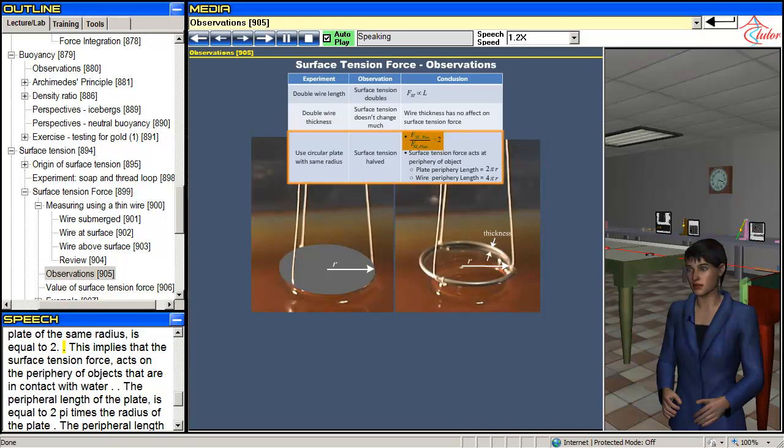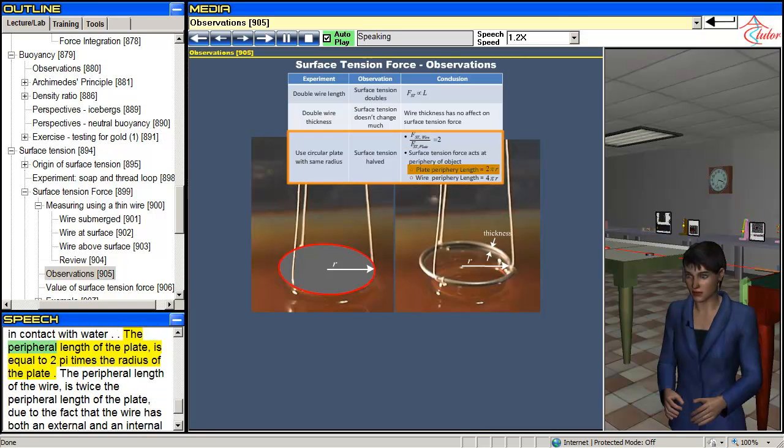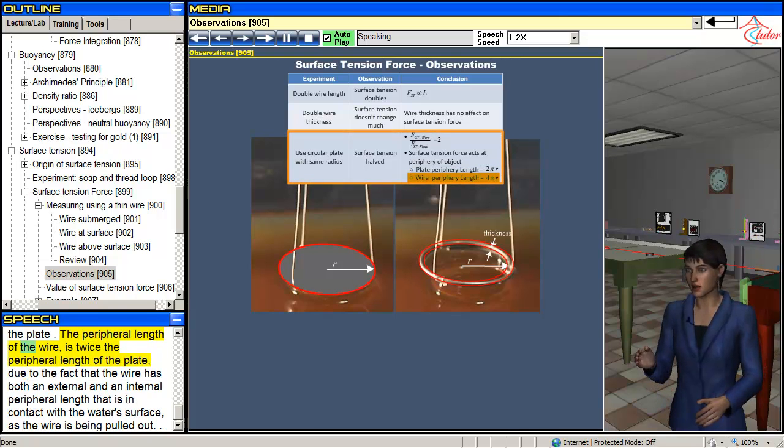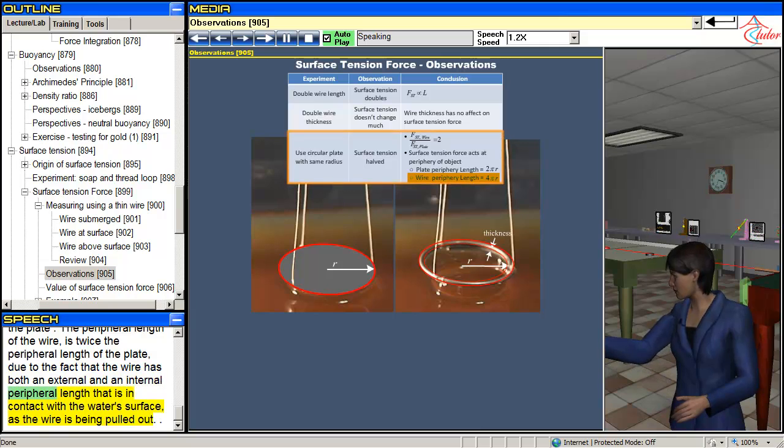This implies that the surface tension force acts on the periphery of objects that are in contact with water. The peripheral length of the plate is equal to 2 pi times the radius of the plate. The peripheral length of the wire is twice the peripheral length of the plate, due to the fact that the wire has both an external and an internal peripheral length that is in contact with the water's surface, as the wire is being pulled out.